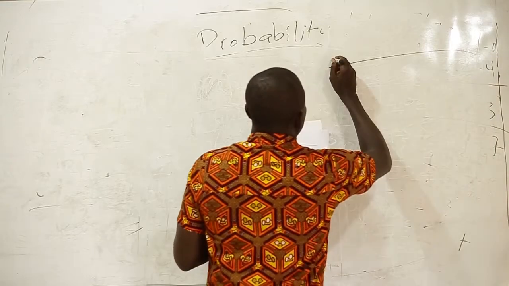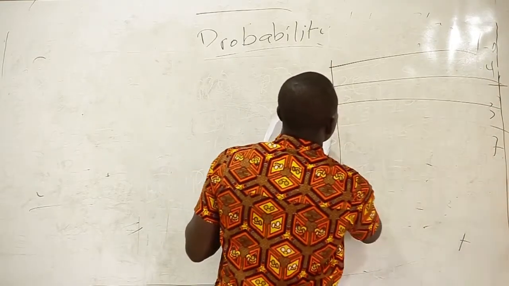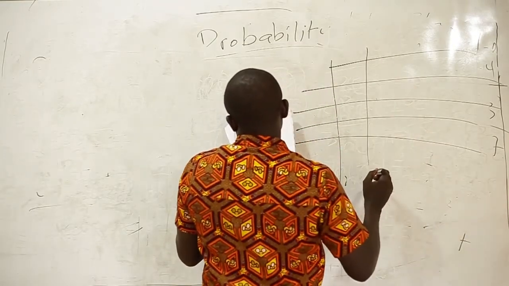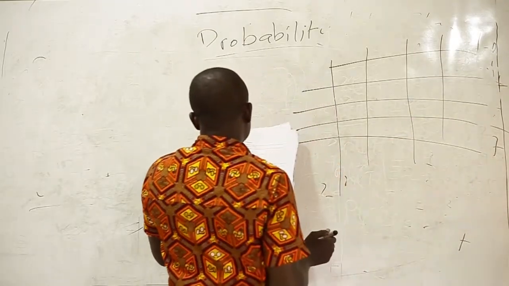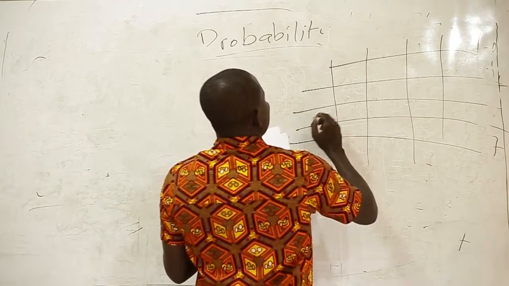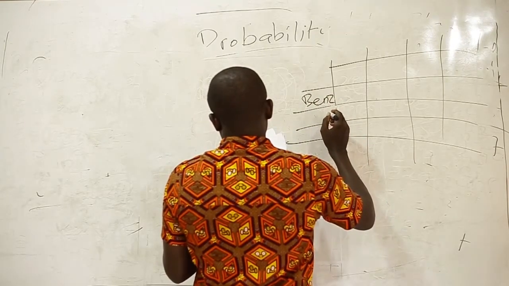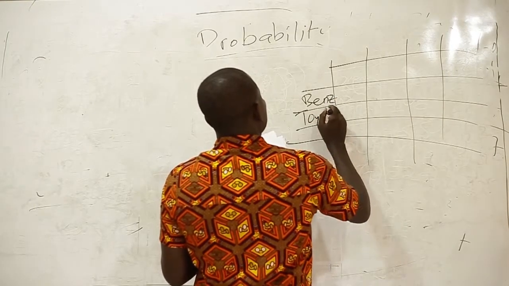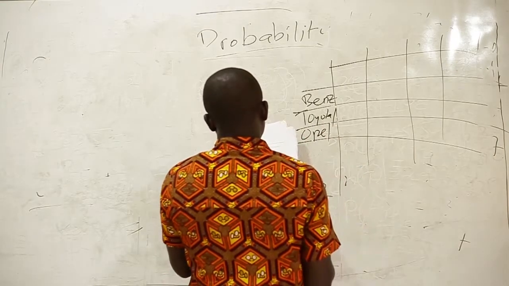Let's draw it quickly. I have a table like this with 1, 2, 3, 4. Then here, 1, 2, 4, like this, okay? Then here is Benz, Toyota, then Opel, these are cars.